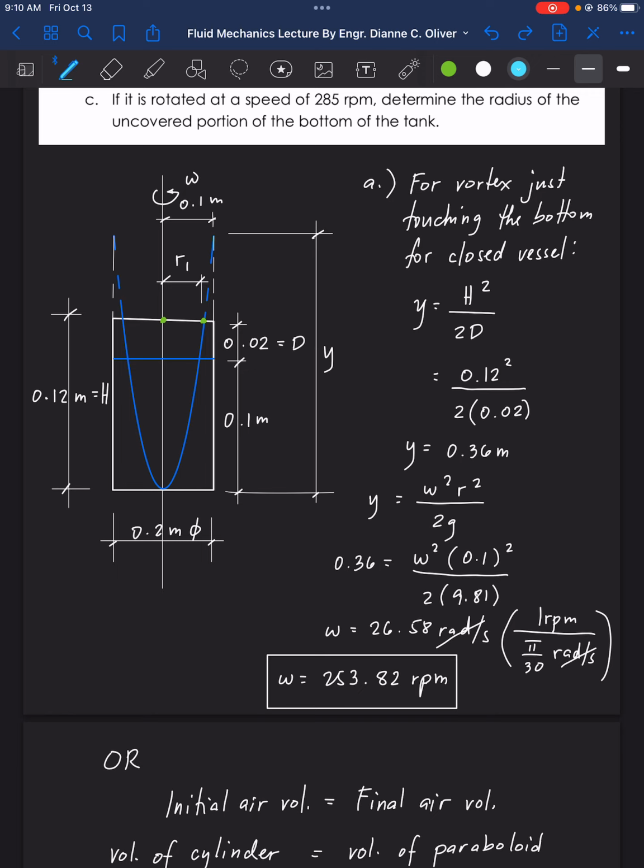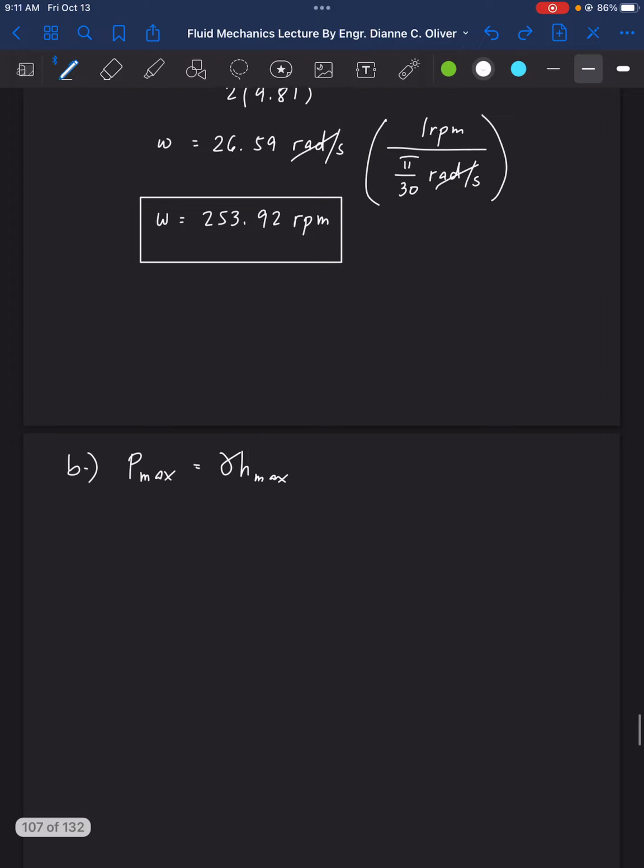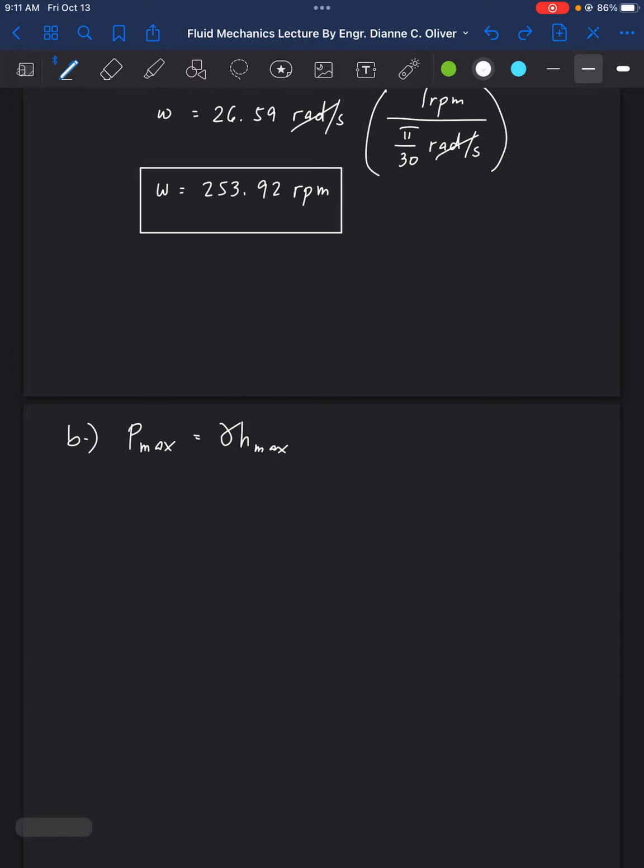When it is rotating, the height of the water reaches this point, and this height of the water is the y of the paraboloid. So the distribution of the pressure is from 0 here to the maximum at the bottom. So our H max is equal to 0.36 meters.